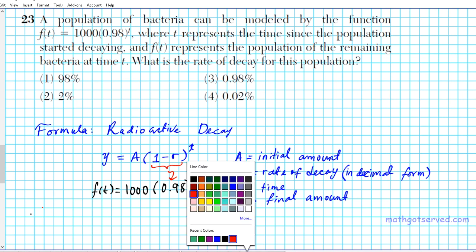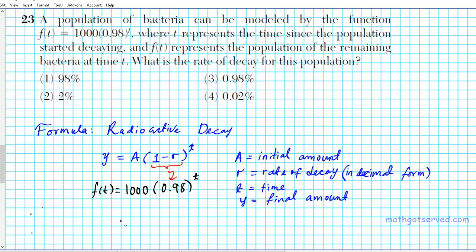So we can use that piece of information to set up an equation. 1 minus r, the quantity being raised to t, is equal to 0.98. Now if we solve this equation, then we will know what r is in decimal form, convert it to percent, and we are done.